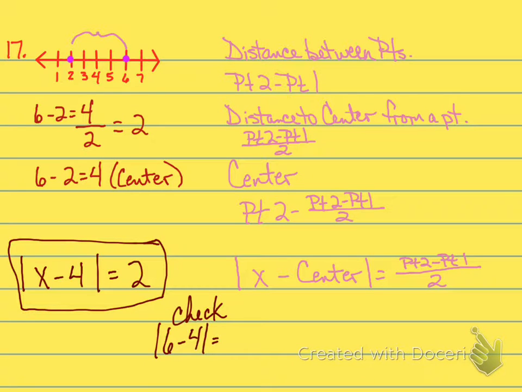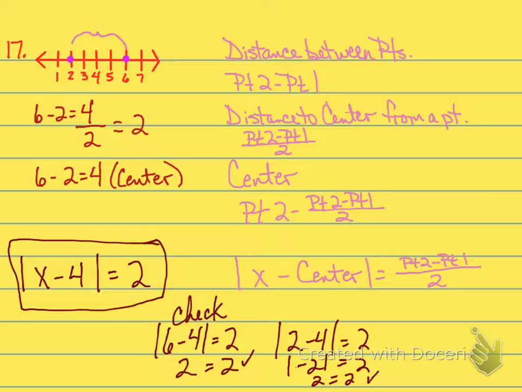So my equation, the way I'm going to write this out, is the absolute value of x minus the center is equal to the distance from the center to a point, which is point 2 minus point 1, divided by 2. So that gives me the absolute value of x minus 4 is equal to 2. If I want to check that, make sure that that works.